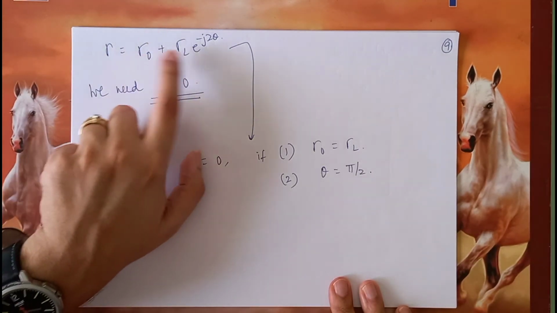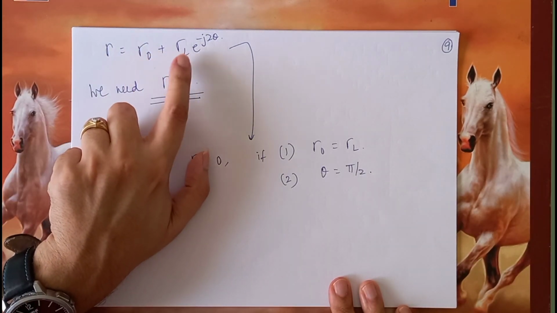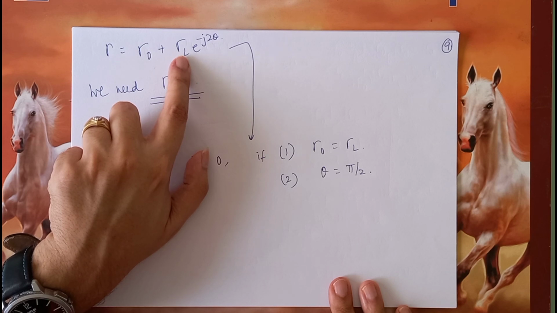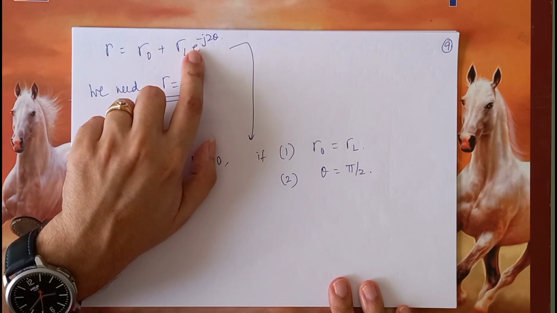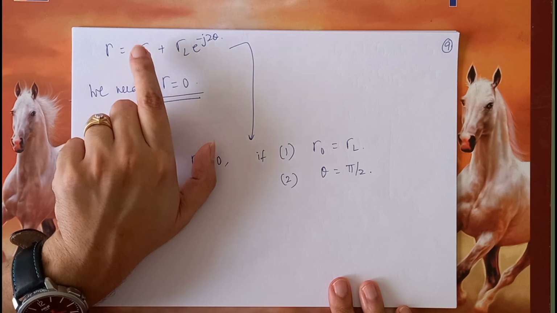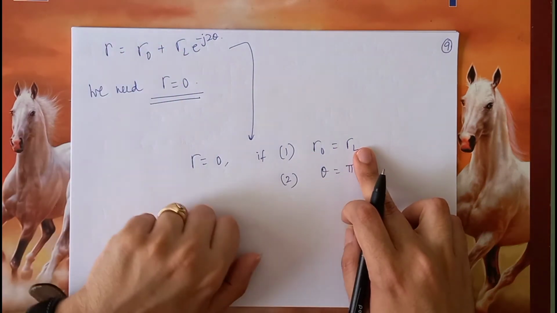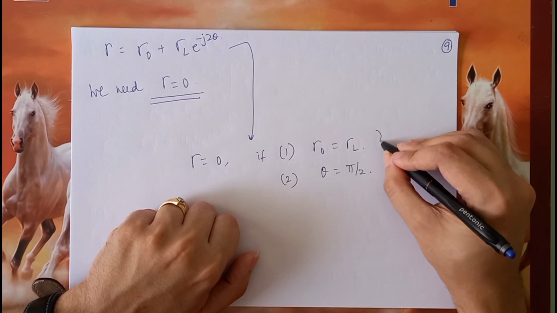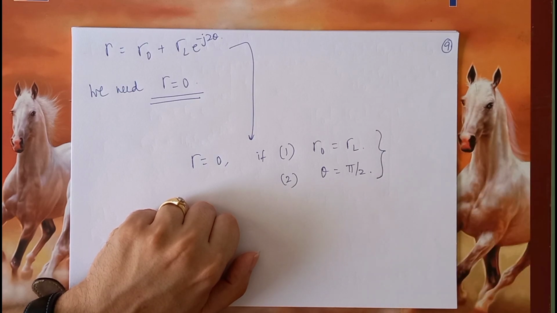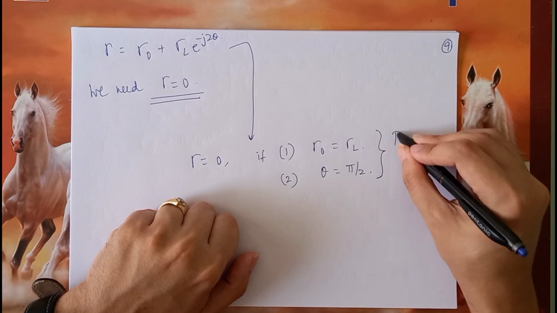Because in that case gamma 0 and gamma L will be equal in magnitude, this will become e raised to minus j pi, and what we will have is gamma 0 minus gamma L. Since both are equal, gamma will be 0. Now this can be thought of as a root of this equation.